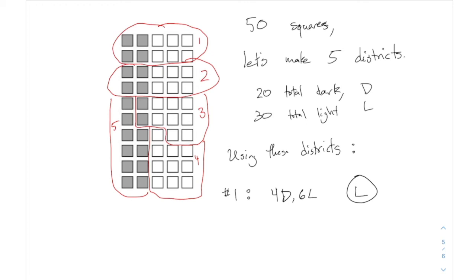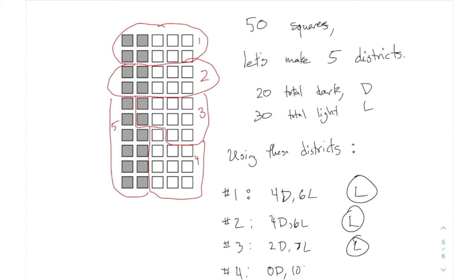District 2, the same thing. They have the same makeup. District 2 is also 4 darks, 6 lights, and the lights win. District 3 is 2 darks, 8 lights, and so the lights win there. Number 4 is all lights. This is 0 darks, 10 lights, and so the light wins.